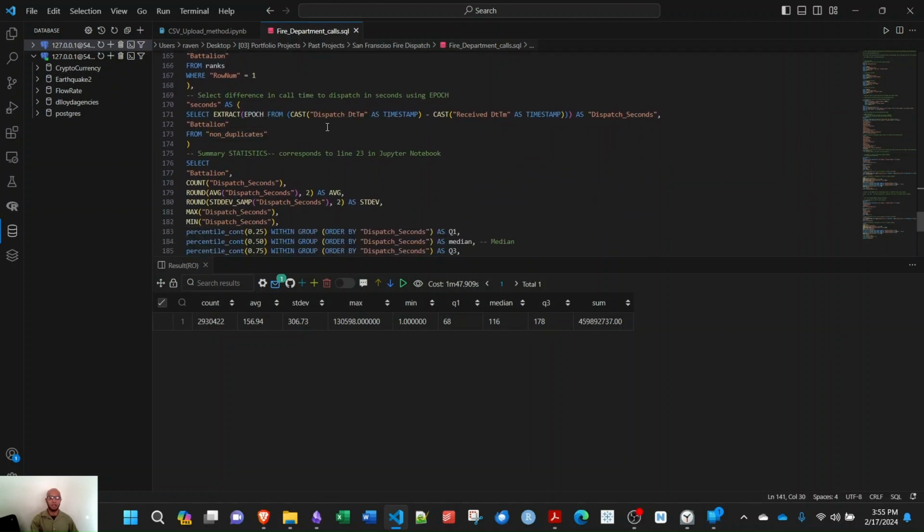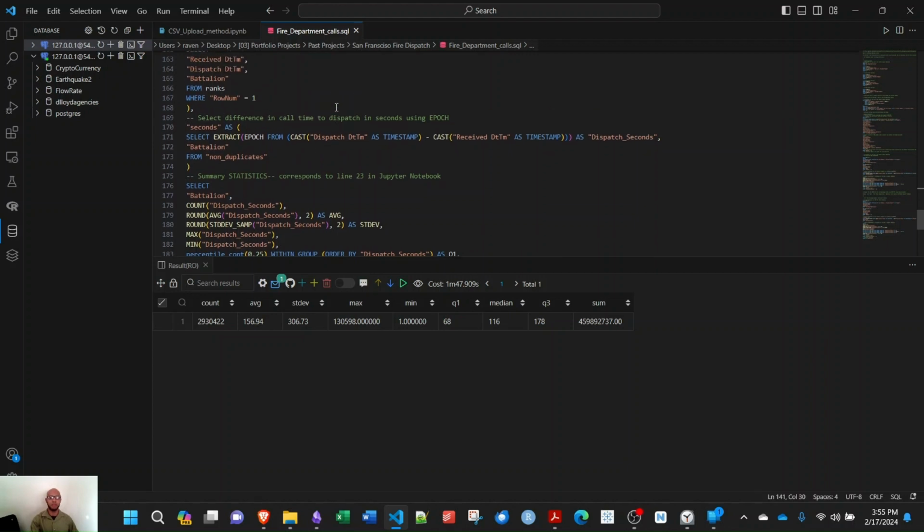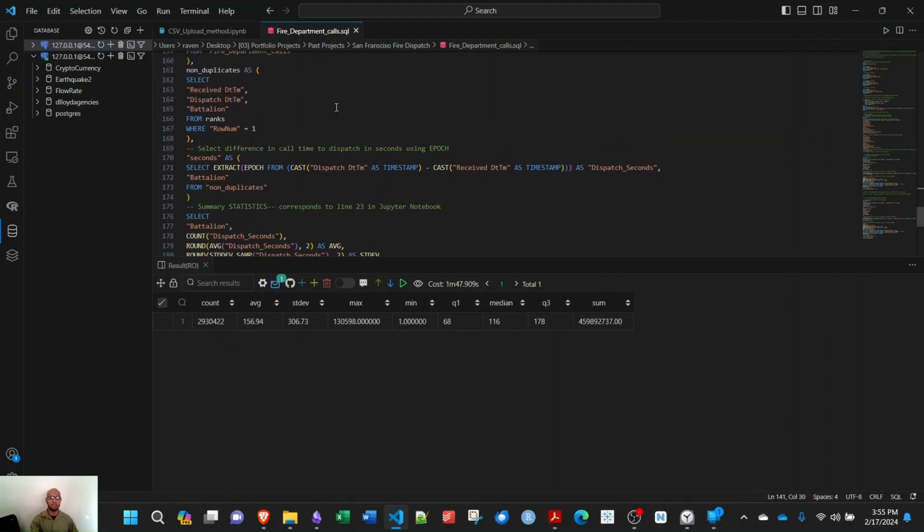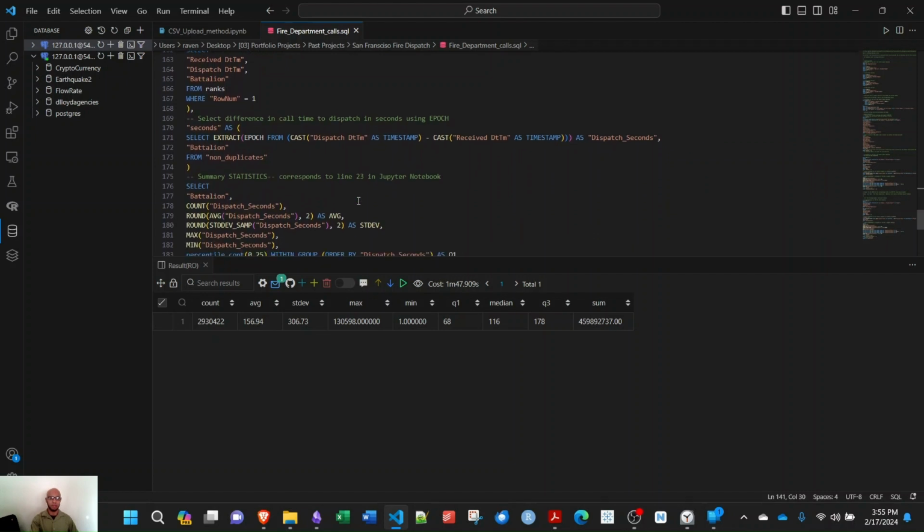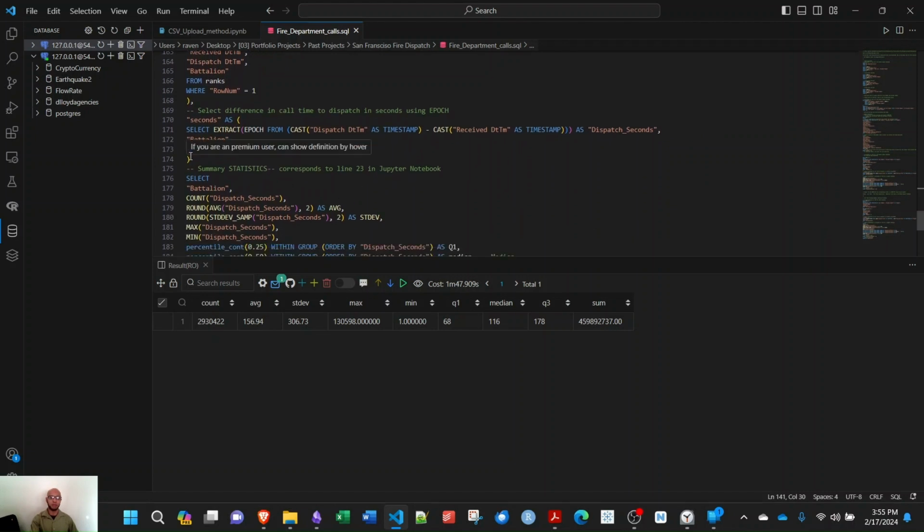Seconds, again, now I'm pulling seconds from the previous CTE, non-duplicates, but I also make sure to include the battalion for each amount of time that passes per dispatch. You can imagine if I just stopped here, the result of this would just be a huge table with a list of battalions and a time.